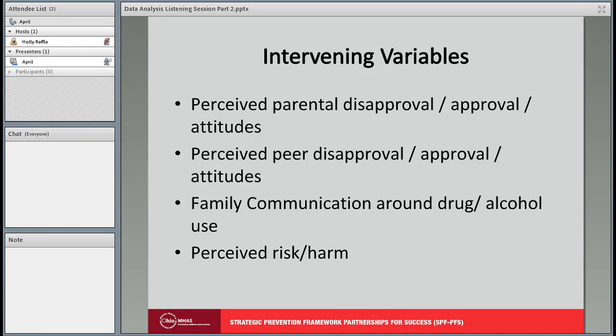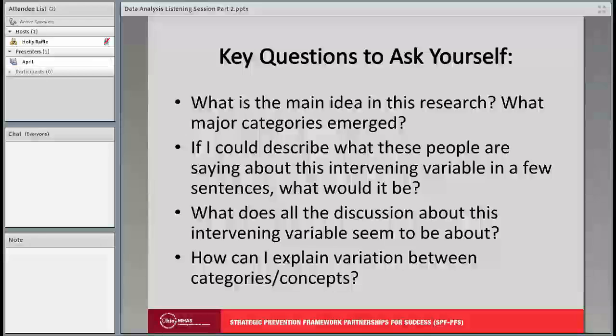So again, once you feel like you've got an idea of what the theories of your data might be, take a step back and ask yourself some key questions. What is the main idea in this research? What major categories emerged? And these are questions you can ask for each of your intervening variable organizations.